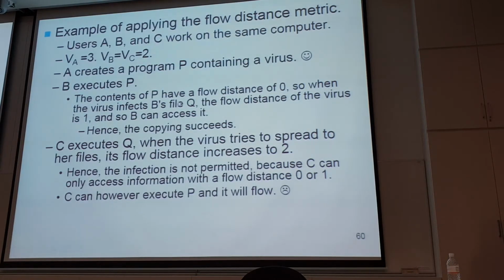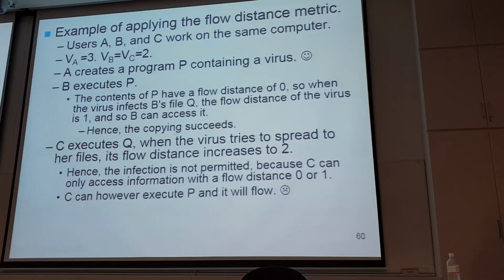Say Q is infected, but Q has flow distance 1 because the virus has attached itself to Q from P. If the virus copies itself from P to Q, Q's flow distance will increase to 1. And if Q tries to infect another object, the flow distance will increase to 2. However, we have a threshold of 2.